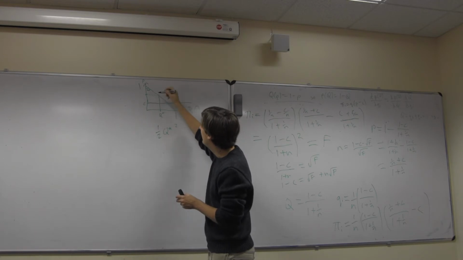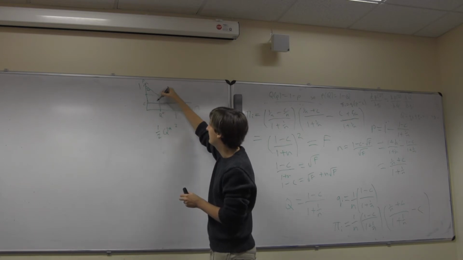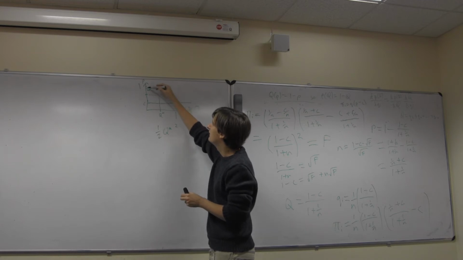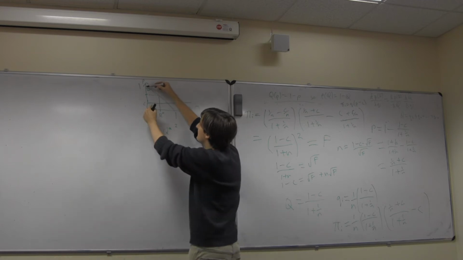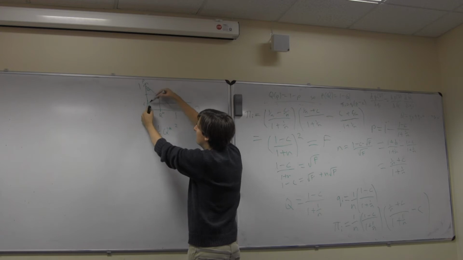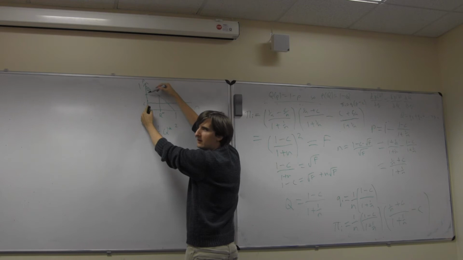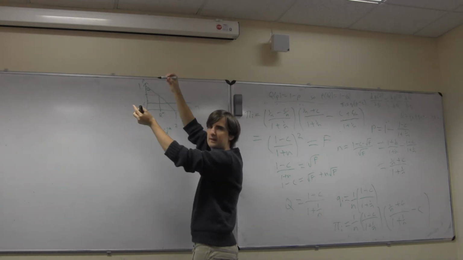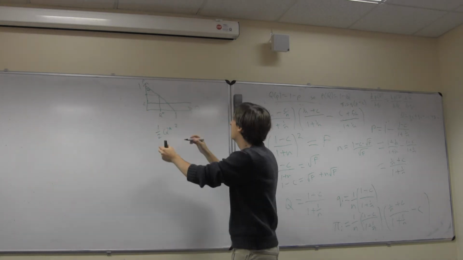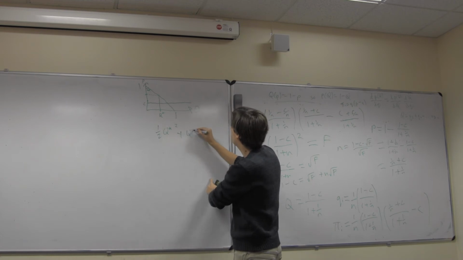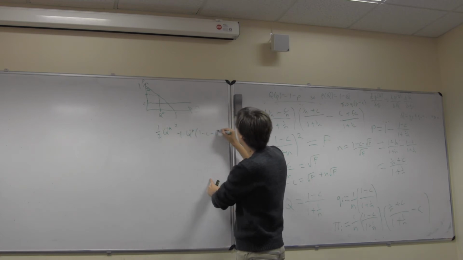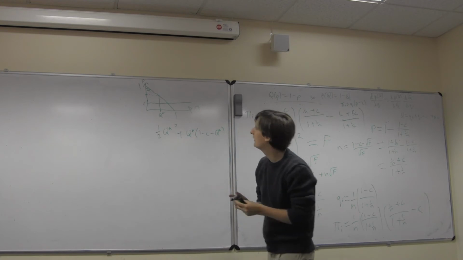And the square, well, it's not a square. So this distance is Q star. If the whole distance is 1 minus C, and you've taken away a distance of Q star, you've got 1 minus C minus Q star. So that's Q star times 1 minus C minus Q star.